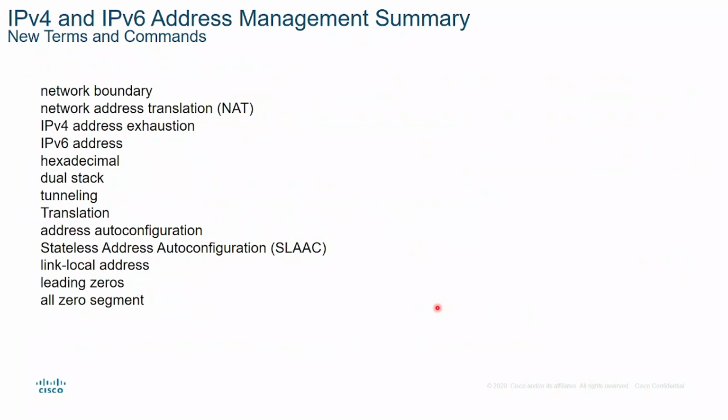You also understood what network address translation is, and that IPv6 addresses are hexadecimal. Also, you understood what stateless address auto configuration is, and how to compress the zeros in an IPv6 address.